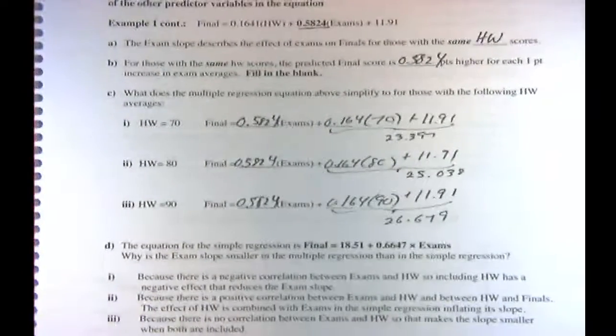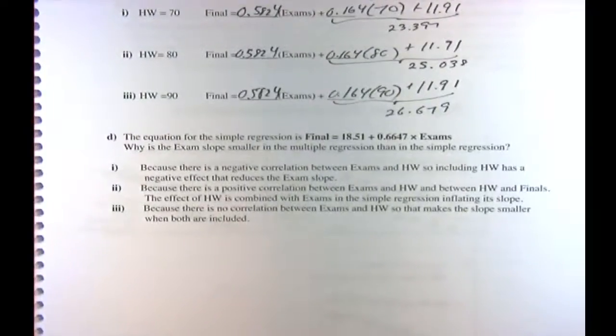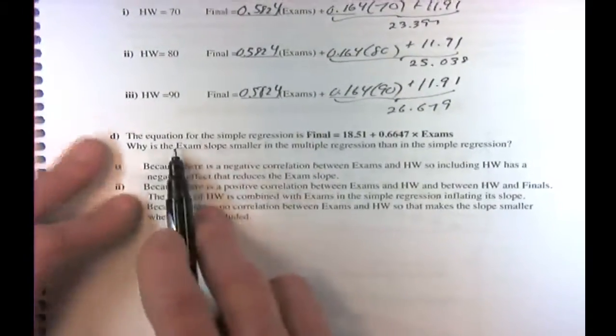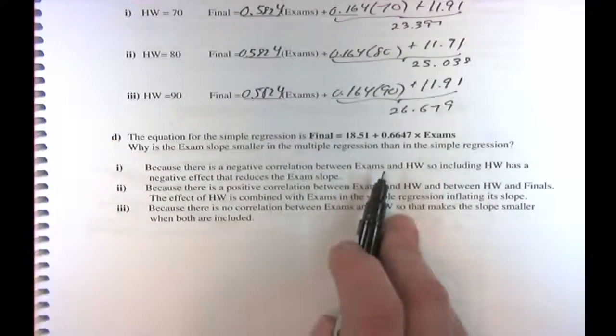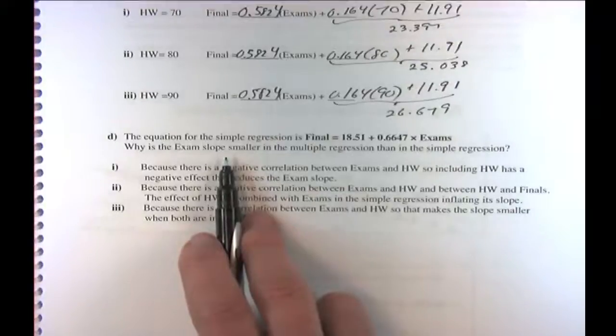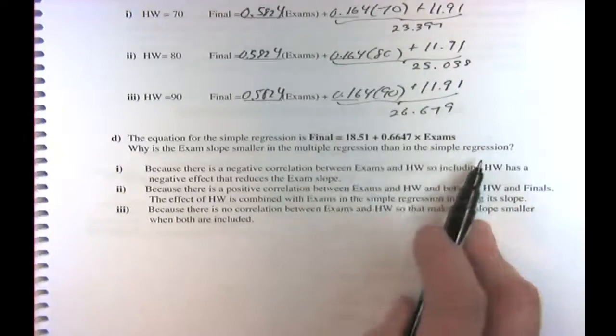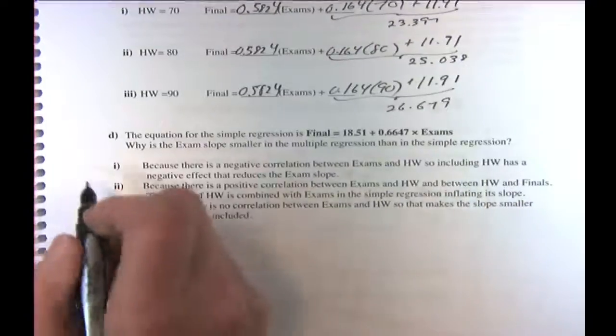All right, now, what do we have left to do? Let's answer this question here, and then I'll post some homework for you guys. So the equation for this simple regression is this. Why is the exam slope smaller in the multiple regression? Let's do this as an iClicker question.